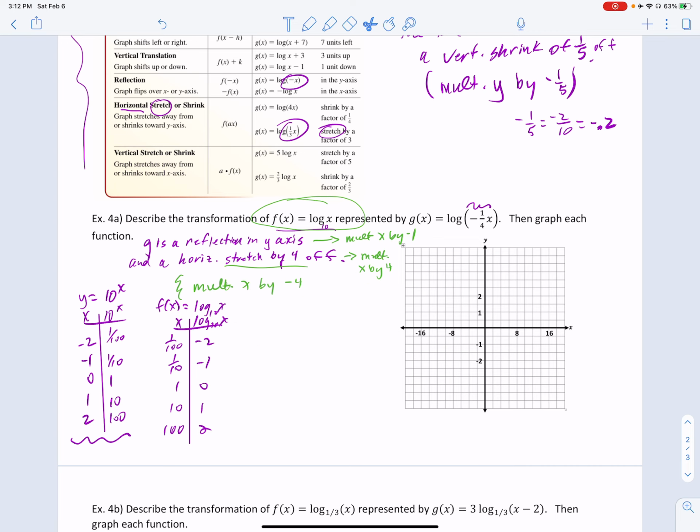All right, and so now I've got my parent function. I did the exponential in order to get points on the parent function, y equals log base 10 of x. Now I'm ready to multiply x by -4 to get the points on my final graph of g.